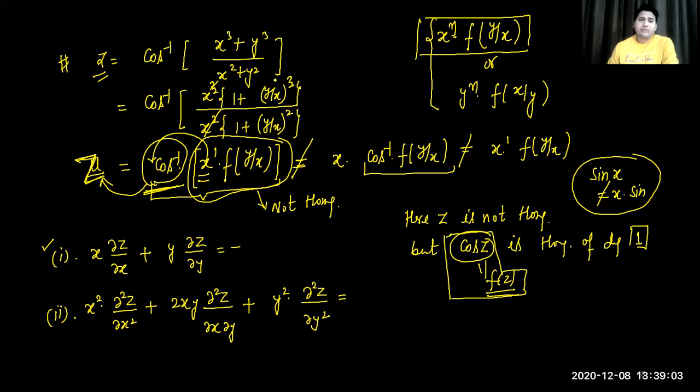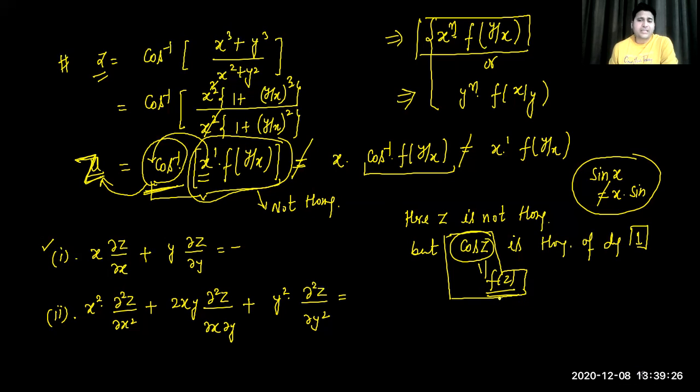Simply, analyze or try to convert the function into either this form or this form. If yes, apply Euler's formula. If not, try to construct a new function f(z) which will be the homogeneous one.